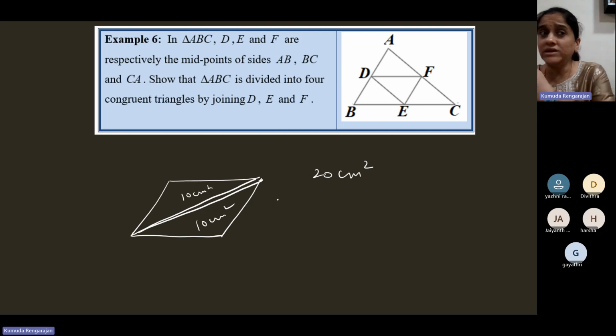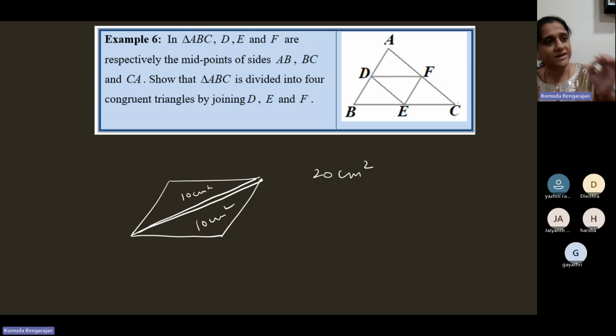But triangles equal in area need not be congruent. Supposing there are two triangles that have the same area, they need not be identical. There can be two triangles with the same area but different sizes. The shape is triangle only, but different sizes.